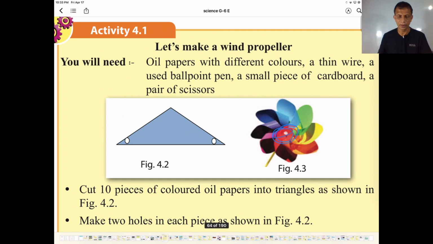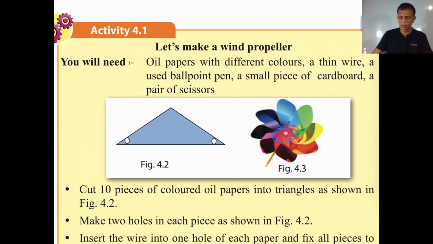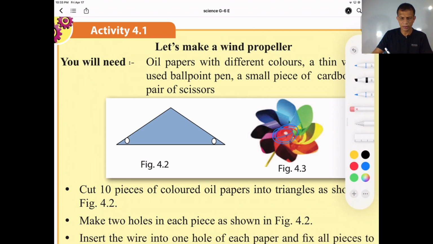You will need oil papers with different colors. Oil paper, you can buy them from the market. Of course, now you will not be able to go to the market because of the corona cases.